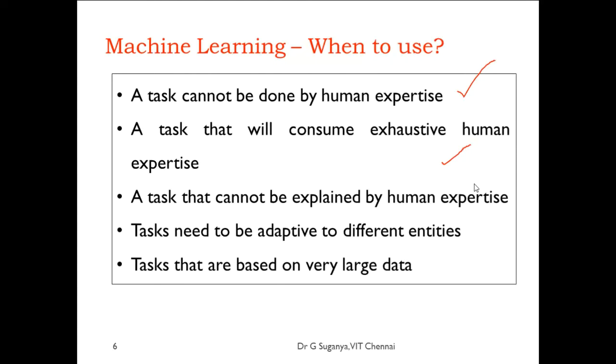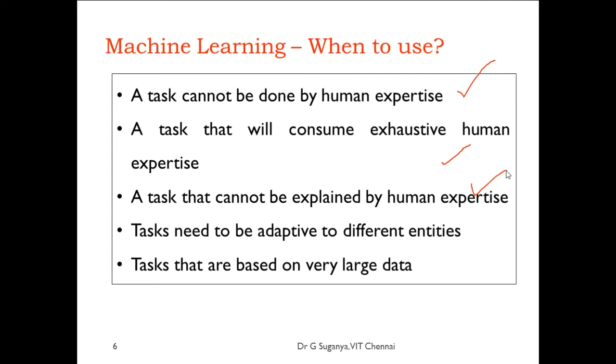Then the task needs to be adaptive to different entities. In the first slide itself we have seen a traditional program, irrespective of the user, whoever it is, given an input, it will give the same output. If you are giving the same input, it will give the same output. But it's not always required over here.